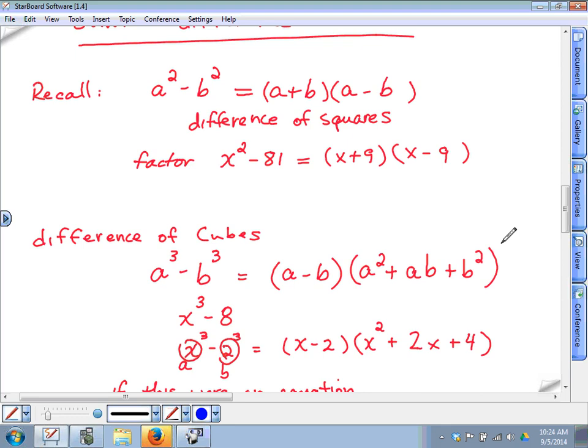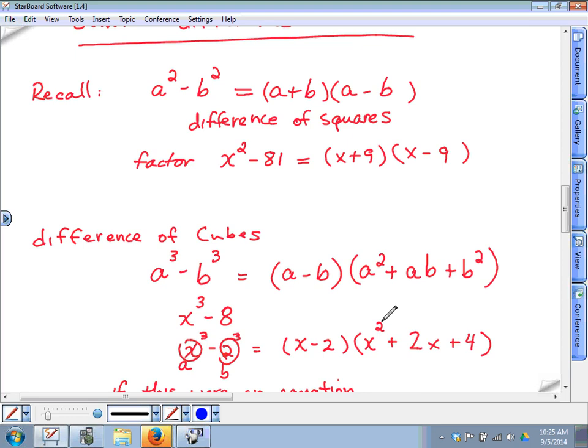Where'd the 4 come from? b squared. And if b is 2, 2 squared is 4. This you probably ought to try to remember.